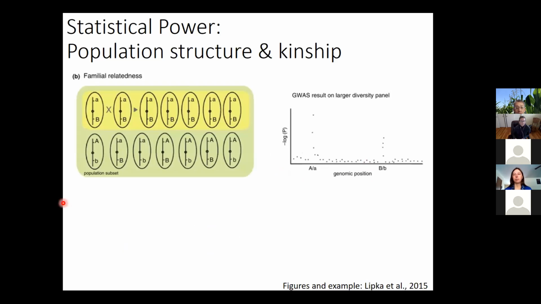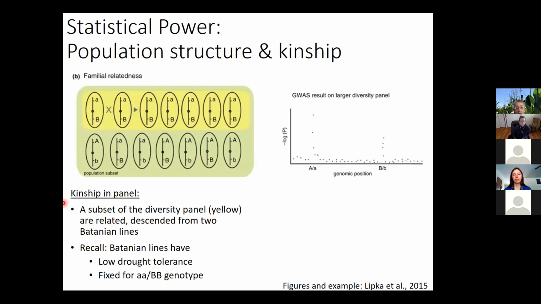Kinship can cause similar problems. In the example of kinship, let's say that we have a diversity panel and a subset, this part in yellow, those lines are related. They're all descended from a cross between two of these Botanian lines. Now, remember, Botanian lines have low drought tolerance and are fixed for that little a, big B genotype.